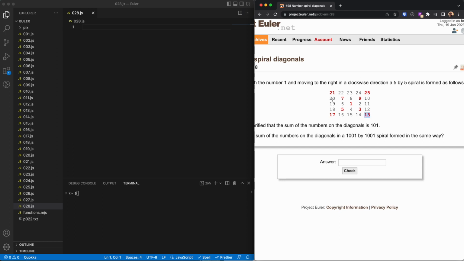So we get to a pattern. The pattern is for every square we add 2 to the value, so it's 1, then it's 3, then it's 5, and we calculate it. 5 to the power 2 plus 5 to the power 2 minus 5 plus 1, 5 to the power 2 minus 5 plus 1 minus 5 plus 1, and so forth and so on.